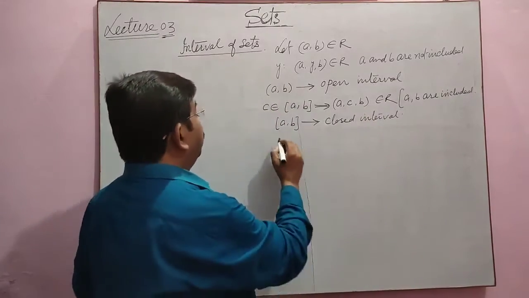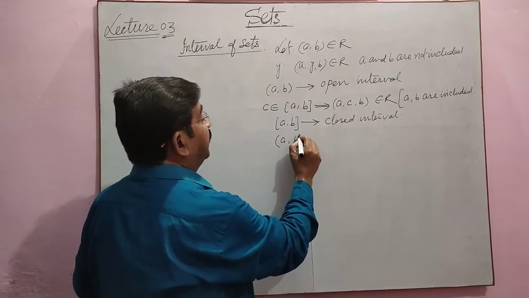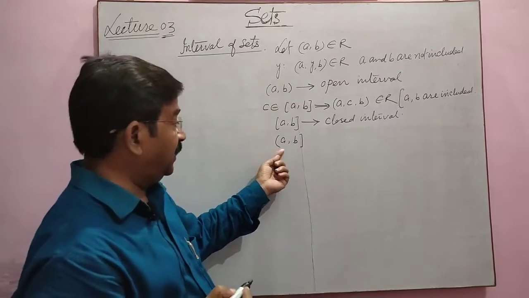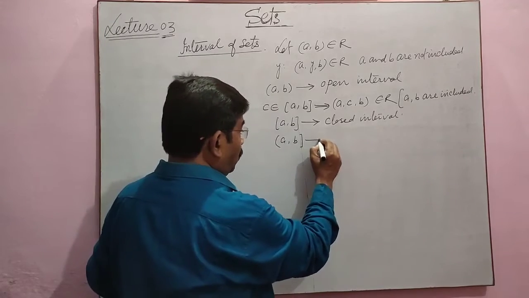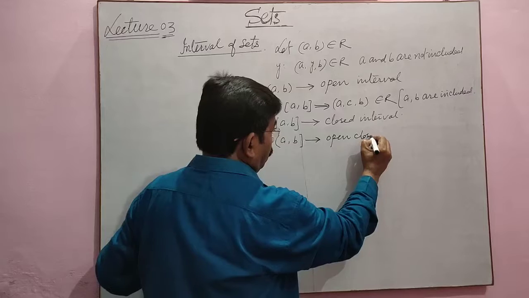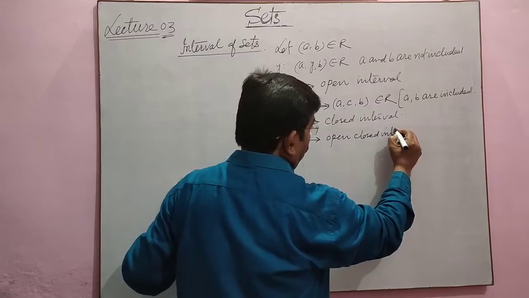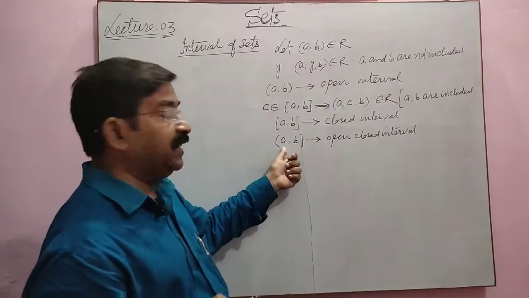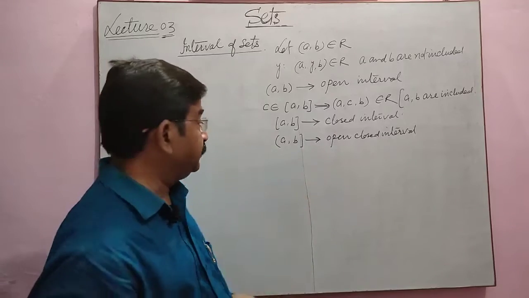Similarly, if we have (A, B], with a small bracket on one side and a square bracket on the other side, this is called an open closed interval. Open closed interval means here A is not included but B is included.